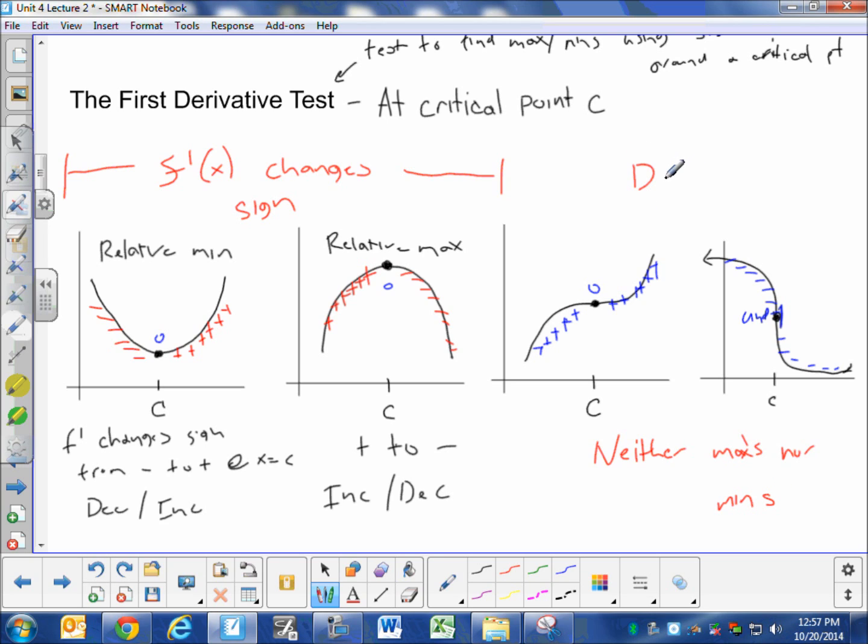And f prime does not change sign here. Okay, if we can understand the tangent slopes around a critical point, we can figure out if we have a max or a min.